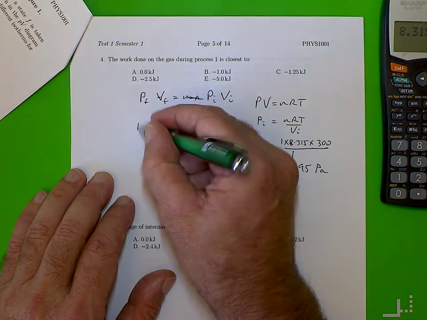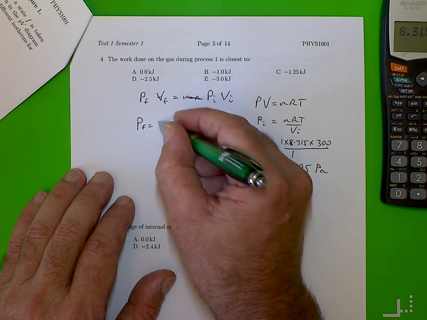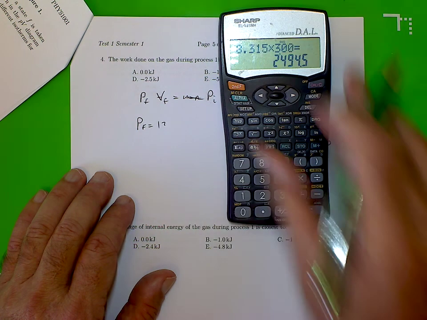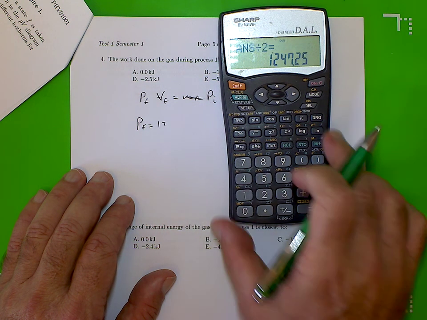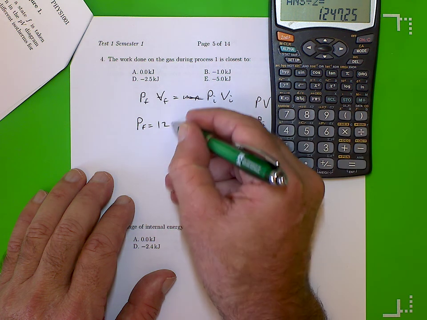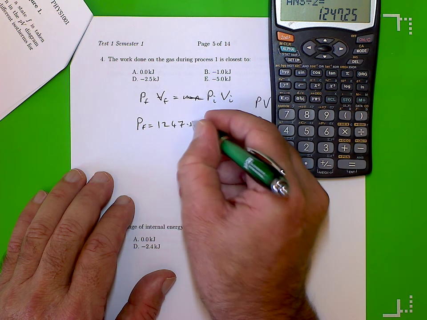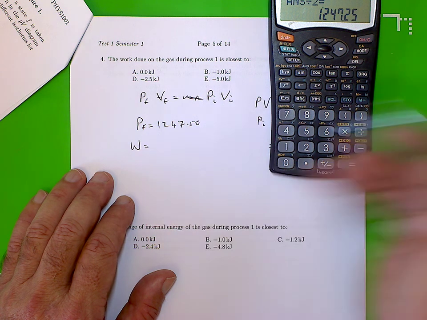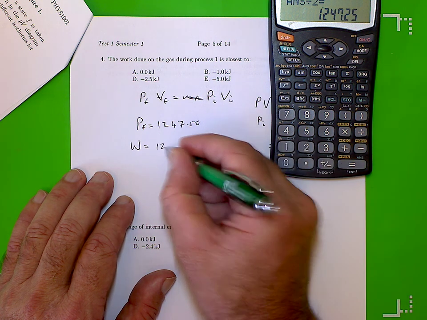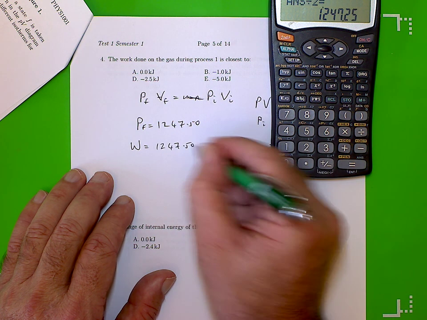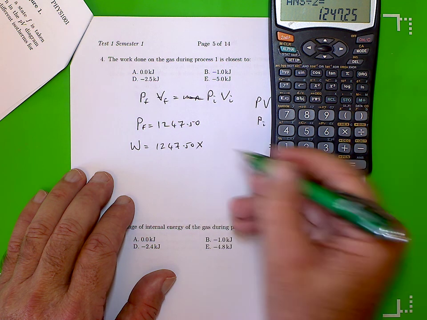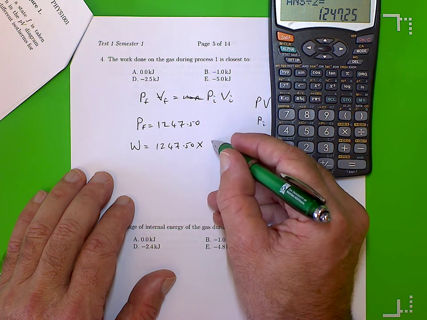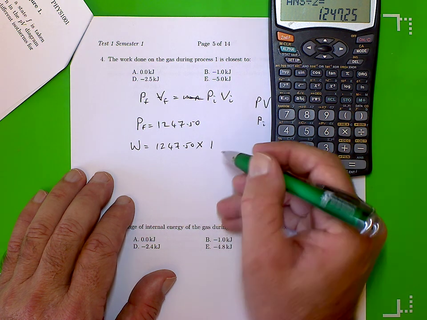So PF is equal to 1 divided by 2 of that, 1247.50 pascals. Okay, so the work done by the gas is the pressure, 1247.50, times the change in volume, which is just the final volume minus initial, which is 1.